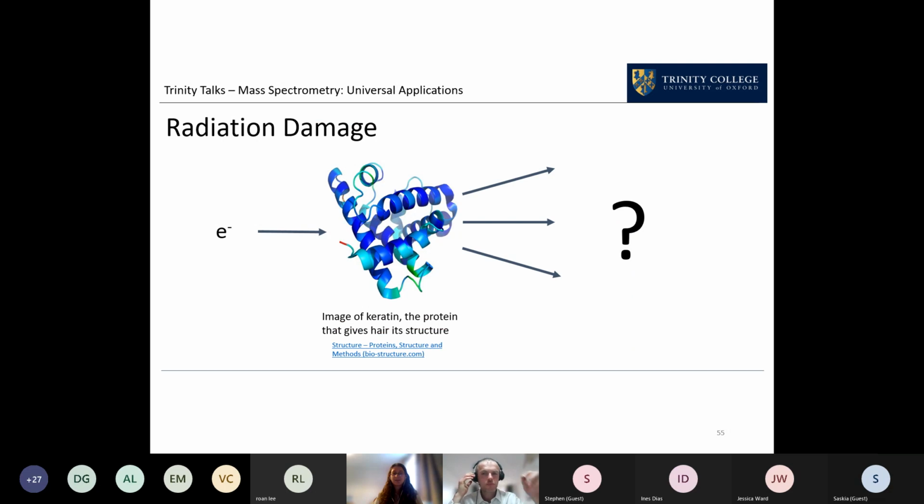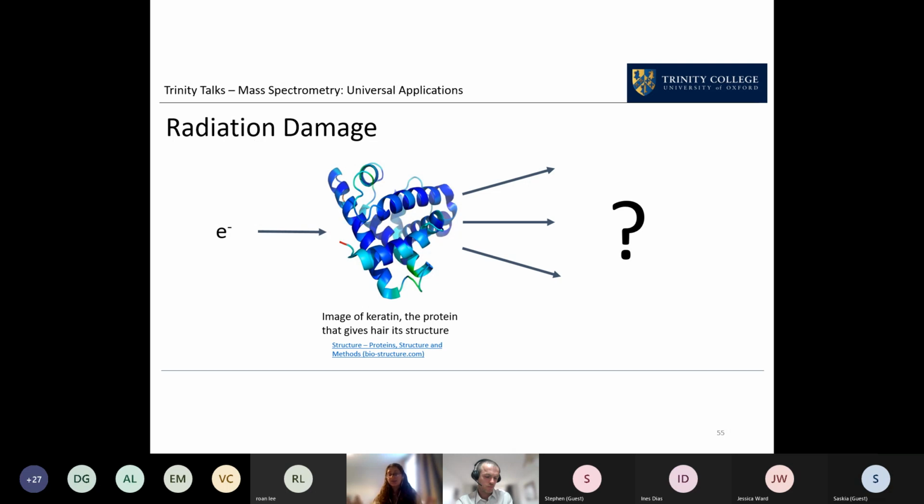And what I'm looking at is actually radiation damage. So, for example, when you are exposed to the sun, you get a sunburn. The molecules in the top layer of your skin are damaged. They absorb the UV radiation, for example, but then they release electrons. And it's actually those electrons that go on to cause more damage in your body.